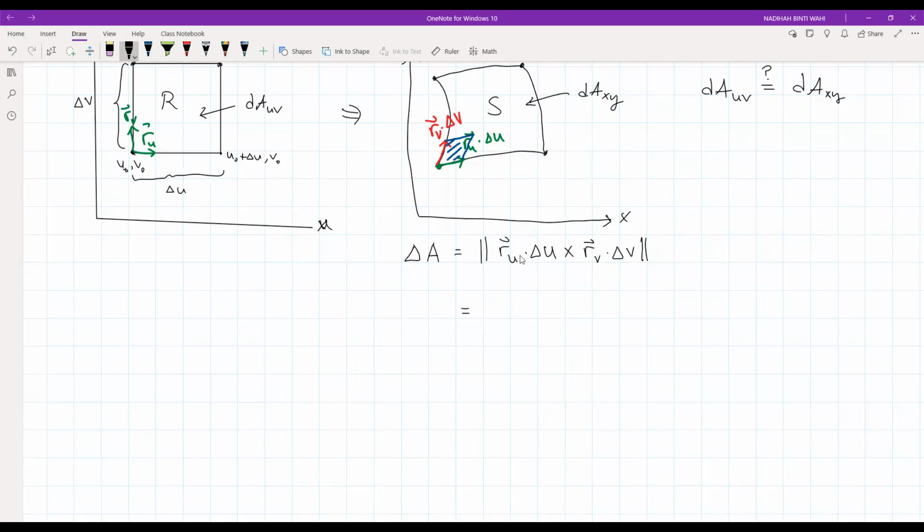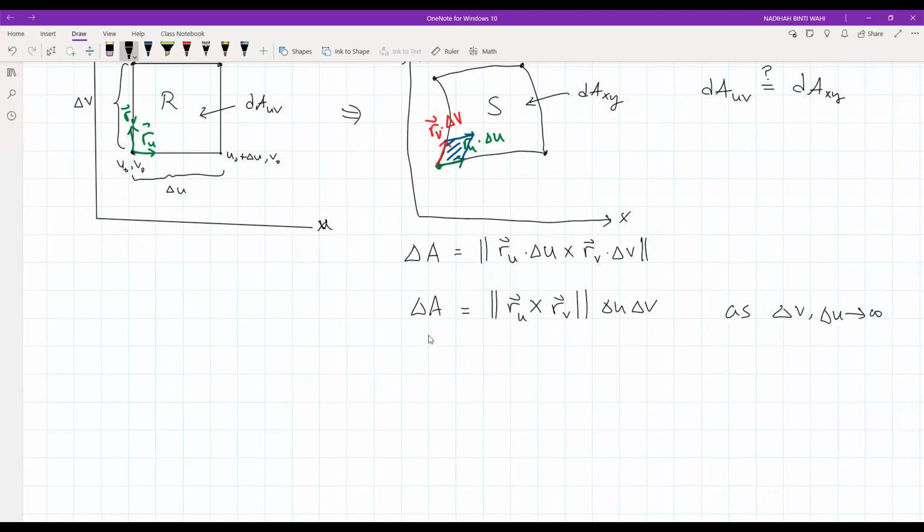Okay, so I can take out U and V, why? Because this one is constant, so it will be left with R of U cross R of V, and then delta U delta V. So if I take it really tiny, take the limit as n goes to infinity, with delta V and delta U going to the limit.